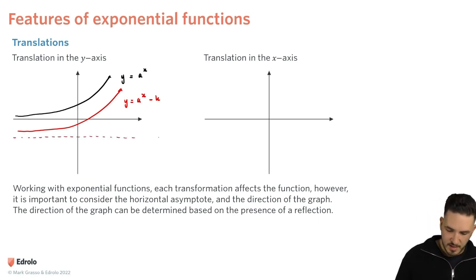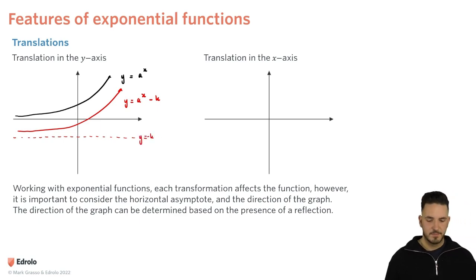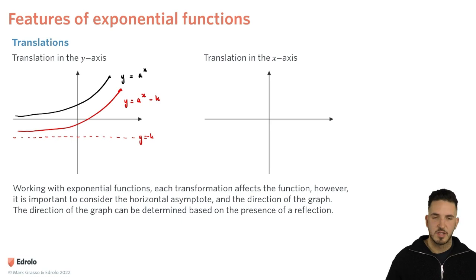That means we're going to have an asymptote at y equals negative k. Same thing would happen if we shifted it in the positive vertical direction. If we had y equals a to the x plus k, you'll just shift it up, and the asymptote would be at y equals k. So if you shift it down, it's negative k; if you shift it up, it's positive k where your asymptote will be. Really important, again, you do not touch your asymptote because technically the function doesn't exist at that particular point.